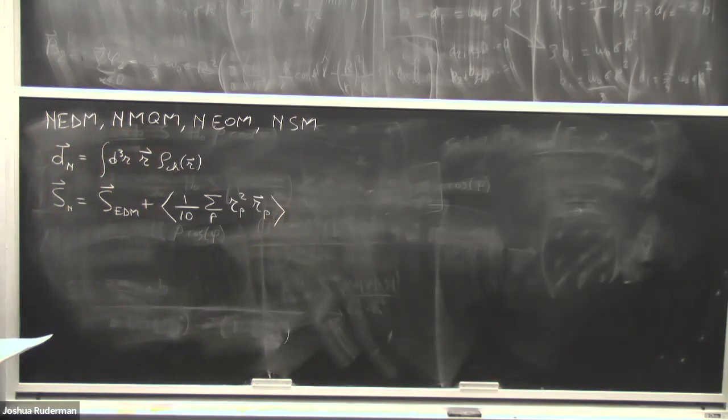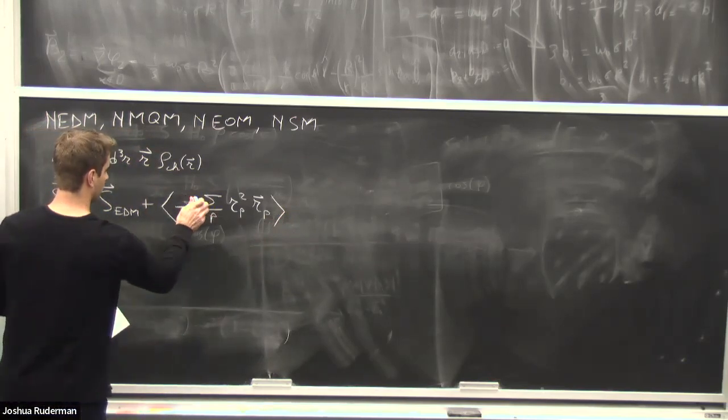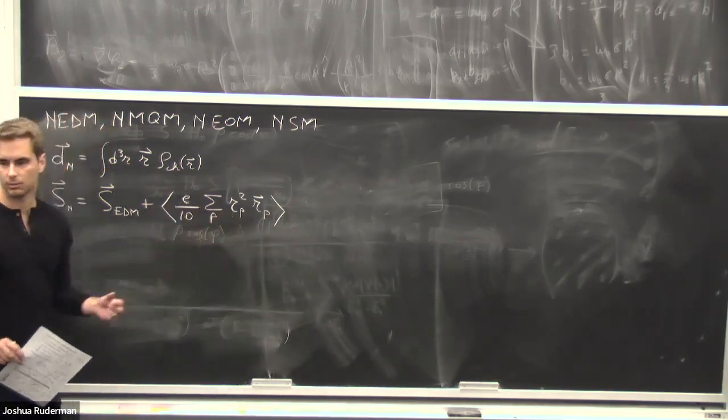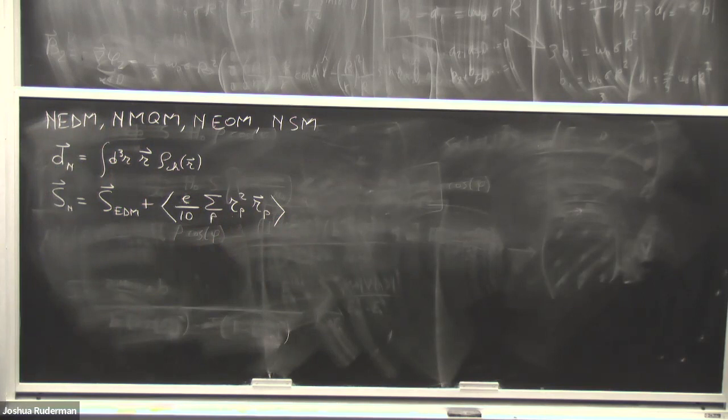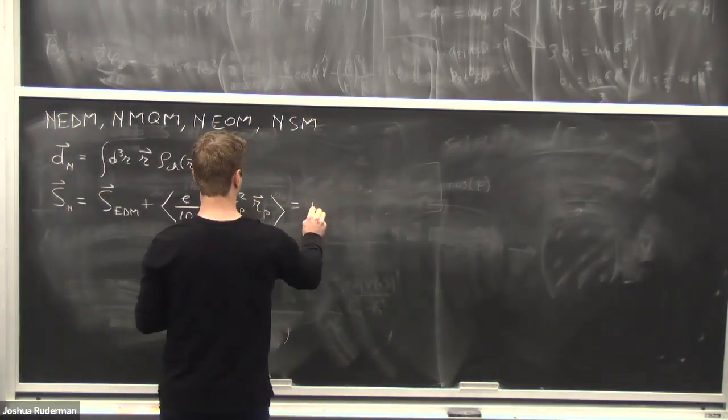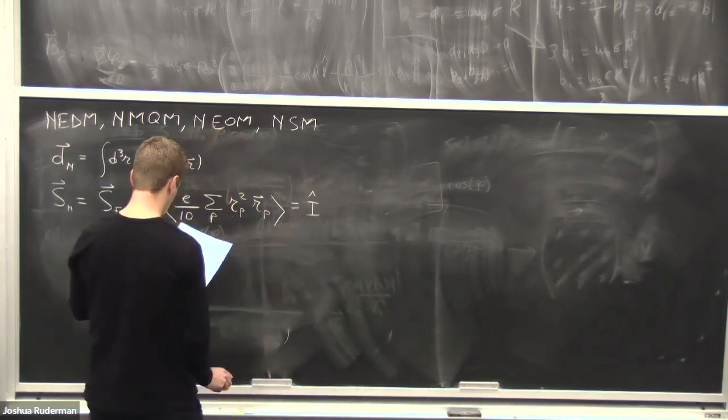So it's kind of like the very same formula. I'm just weighting the positions by radius squared, which is why it's a finite size effect.